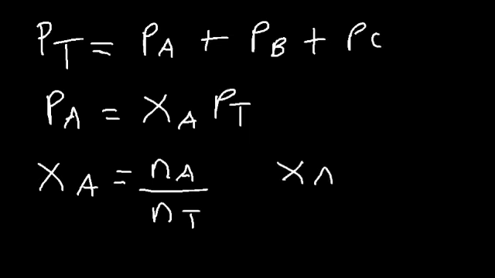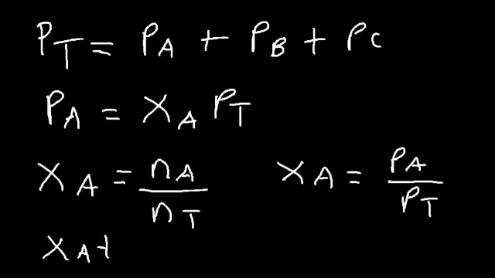Another way you could find the mole fraction, it's equal to the partial pressure of that substance divided by the total pressure. And keep in mind, the sum of all mole fractions must add up to 1. The mole fraction is basically the decimal form of the percent. For example, 40% is 0.4. So if 40% of all gas molecules is nitrogen, that means the mole fraction of nitrogen is 0.4, for instance.